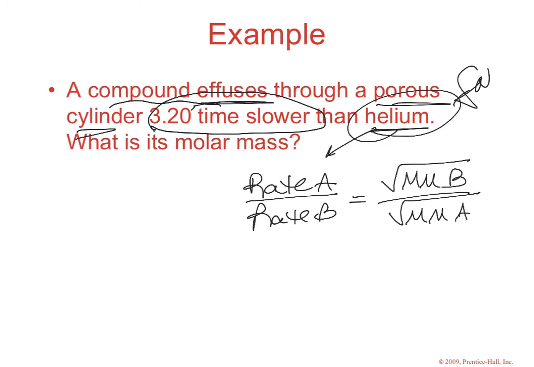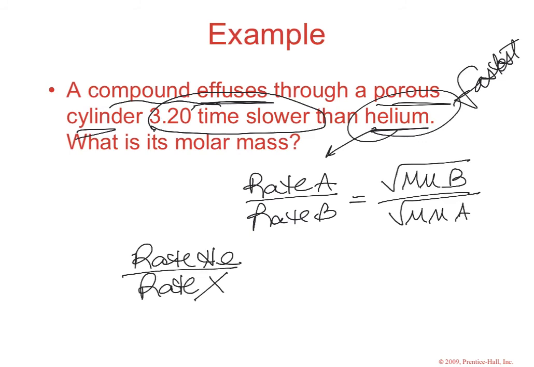From the wording, you can tell that helium is the fastest. So I'm going to put helium on top. Rate of helium versus rate of some unknown gas, and I know that helium is faster by 3.20 times.